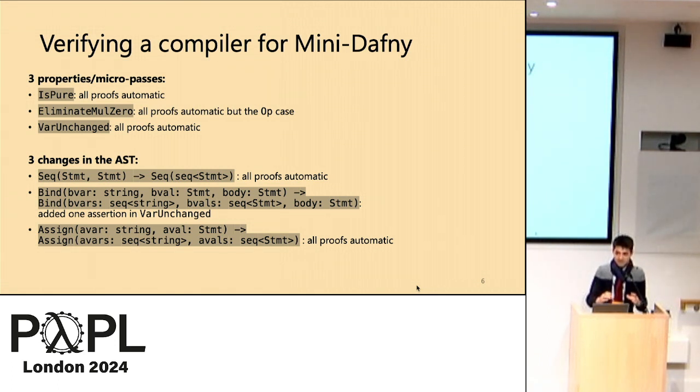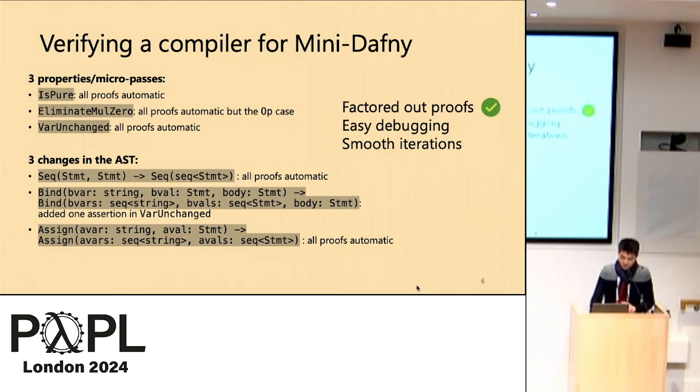And because those lemmas are small and simple, the response time is very quick, which means you can very easily iterate, understand what's going on and fix the proofs. So overall, it led to a far better experience when iterating on these kinds of rules.